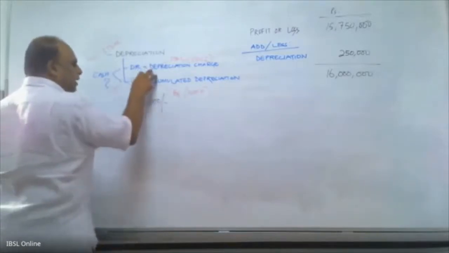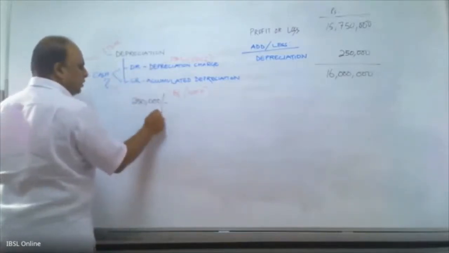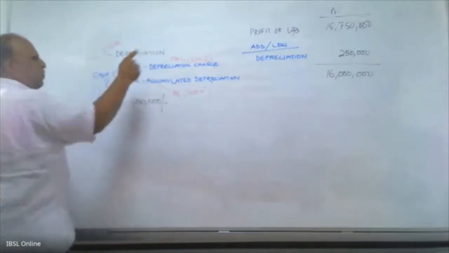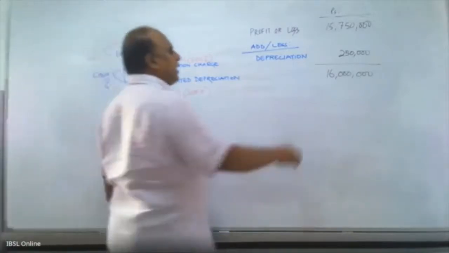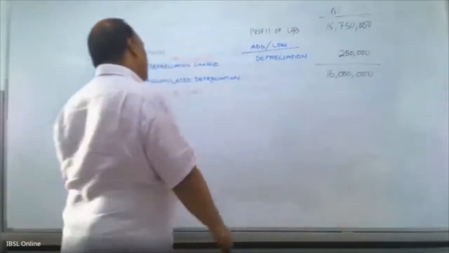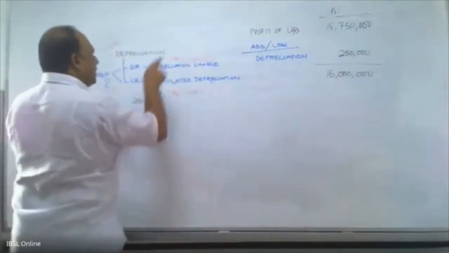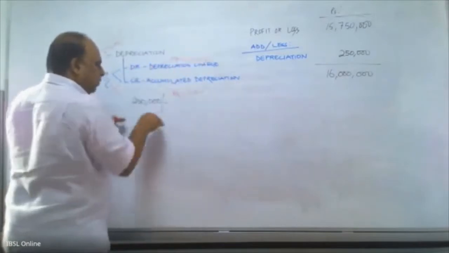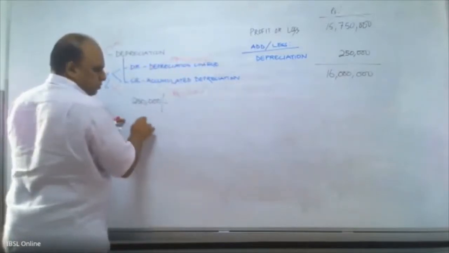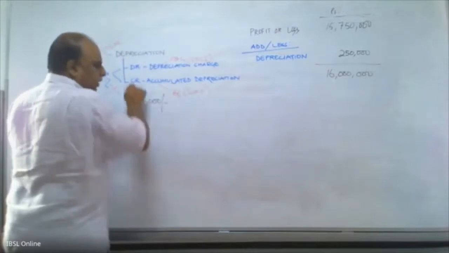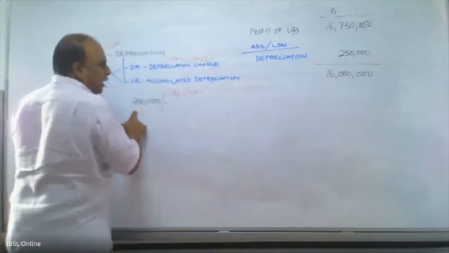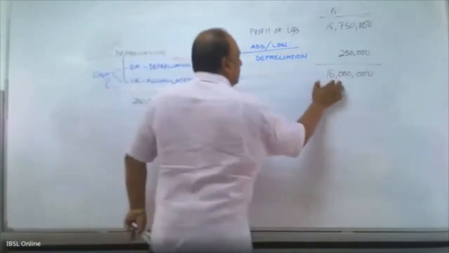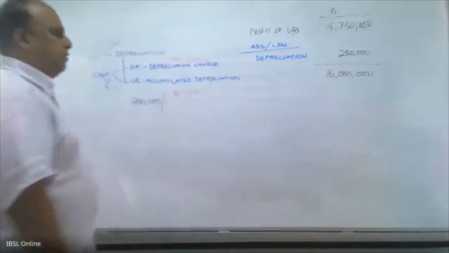Let's say you have provided a depreciation of 250,000. Suppose your profit or loss is 15 million and 750,000, the impact of depreciation is that your profit has come down by this amount. So if this depreciation was not there, my profit would have been 16 million.